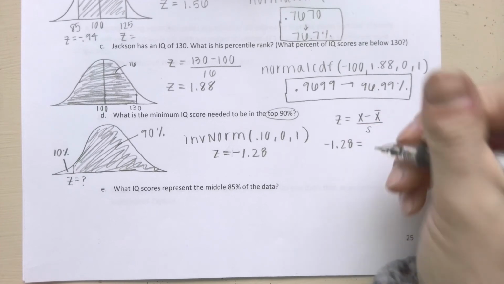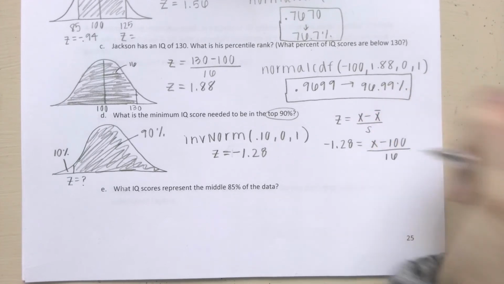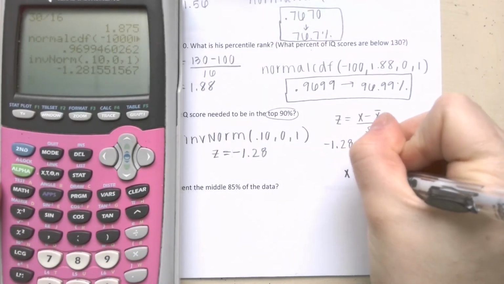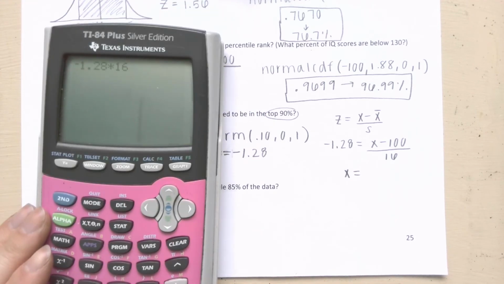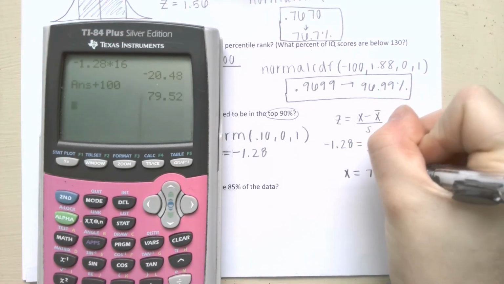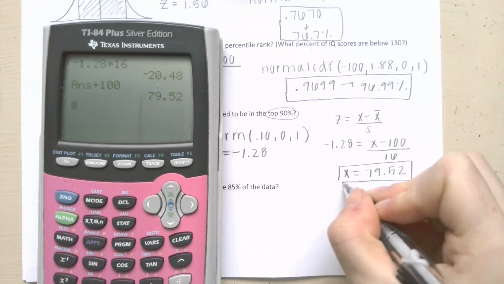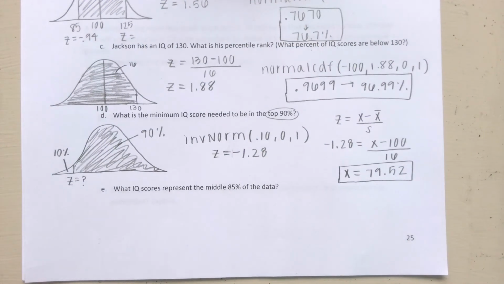The only thing we don't know is now that individual, that x value. From here, I'm going to solve for x. So I'm multiplying by the 16 to bring it over. And then I would add the 100, giving me 79.52. So if I wanted to be in the top 90% of IQ scores, I would need to have a minimum IQ score of 79.52.